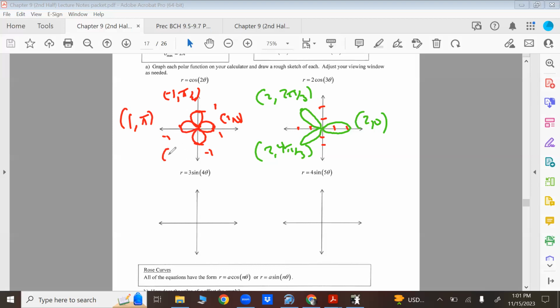Actually, hold on a sec. Yeah, and that's, geez, my handwriting stinks, guys. Sorry about that. Yeah, that'd be -1, 3 pi over 2. Just got to flip. Oh, because it's going... I'll explain in a sec.